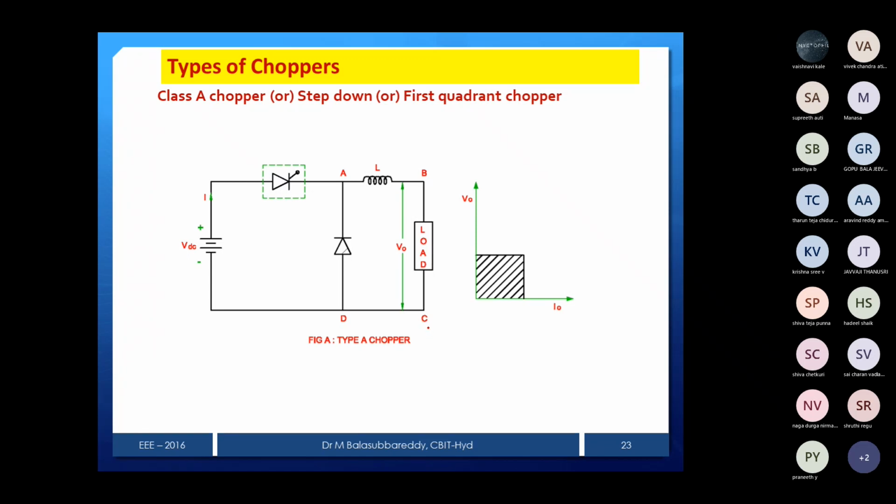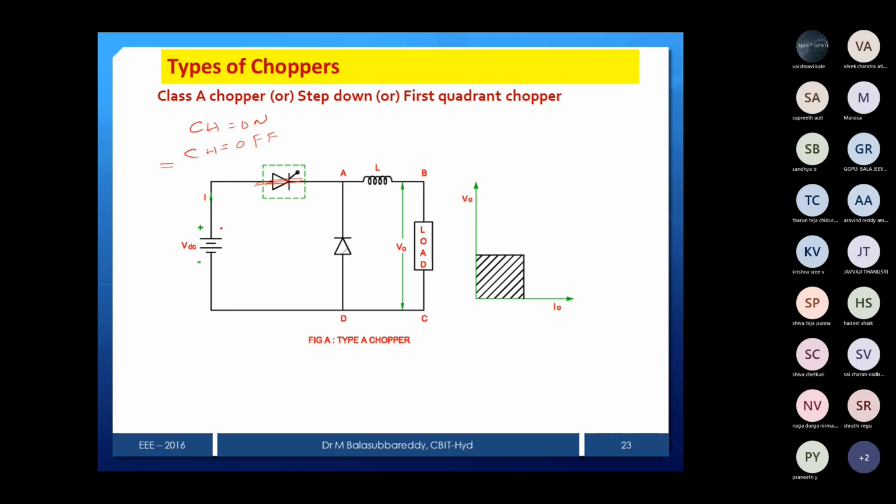We'll see that operation. For all the choppers, operation is fixed, as I told in the previous class. Chopper is on, and another one is chopper is off. If we identify these two scenarios, we can easily understand the operation. First one, chopper is on. If chopper is on, what will happen? Thyristor will conduct.